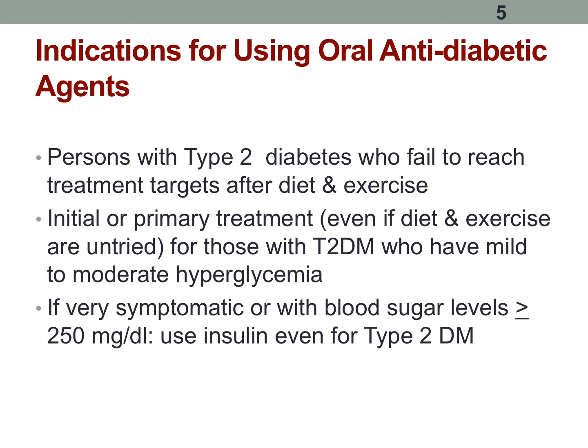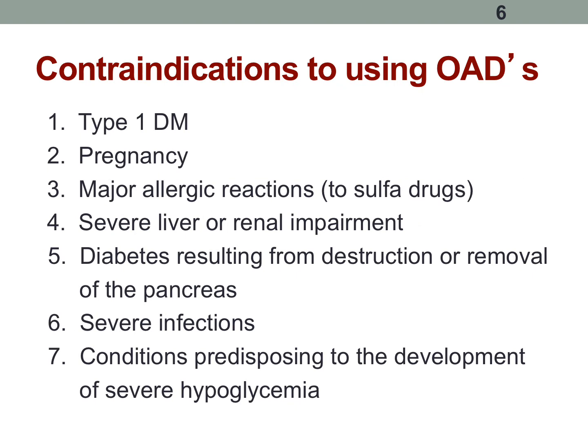Now, if these are the indications for using the oral agents, these are, on the other hand, the contraindications. When should you not use them? You shouldn't use them among persons with type 1 diabetes because they should be on insulin. Those who are pregnant, those who have allergies to these oral agents, especially allergies to sulfa drugs, the sulfonylureas, are therefore contraindicated.